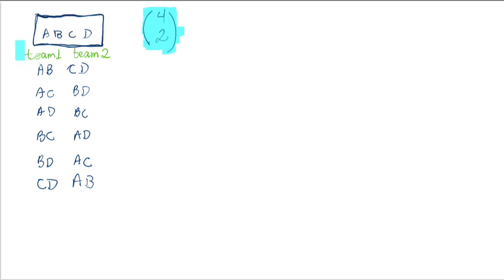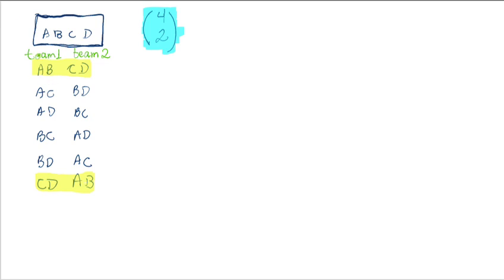So when I have a label, this group here, Alex and Brandon, Charles and Daniel, is actually different from this group, because A, B are in team 1 and C and D are in team 2, while in this arrangement it's the other way around.